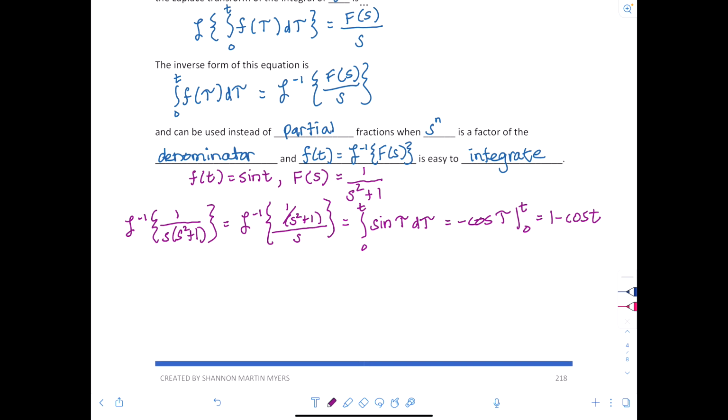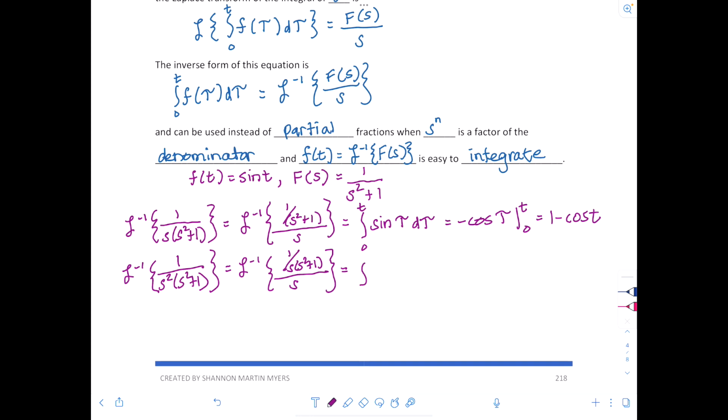So it's actually pretty useful. So let's take a look at another level of it. If we're looking at the inverse Laplace transform for 1 over s squared times s squared plus 1, well, we look at what we found from this last one, which is 1 over s times s squared plus 1, that whole thing in that denominator, over s.